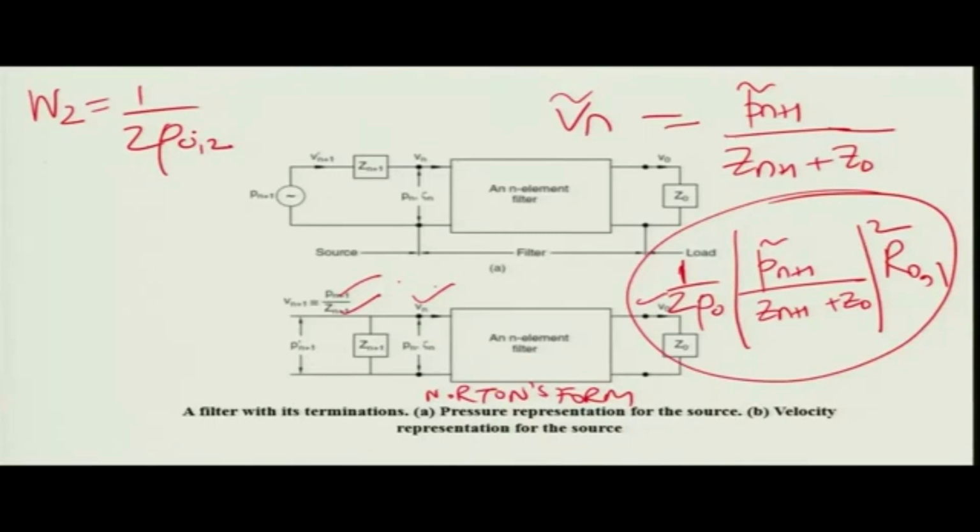Rho naught comma 1 and rho naught comma 2 might be slightly different based on the temperature of the exhaust gases, but we can assume them to be the same just for simplifying our analysis, and this is square times R naught 2, where again R naught 2 is the radiation impedance or the atmospheric impedance here when the muffler is in its place.